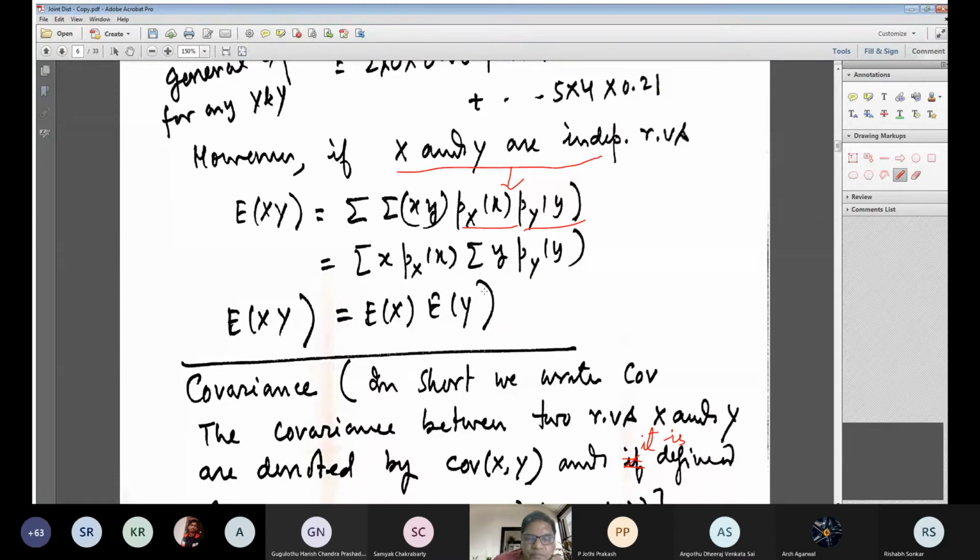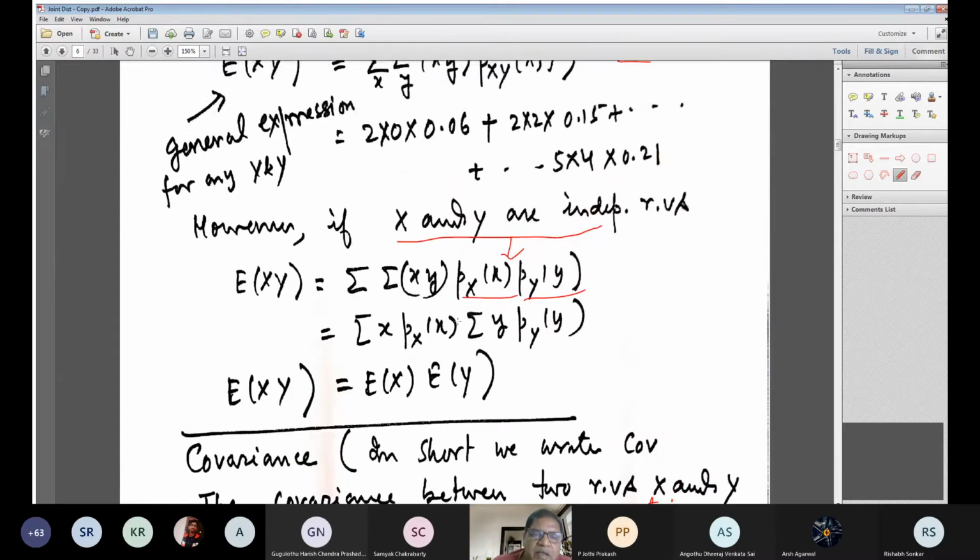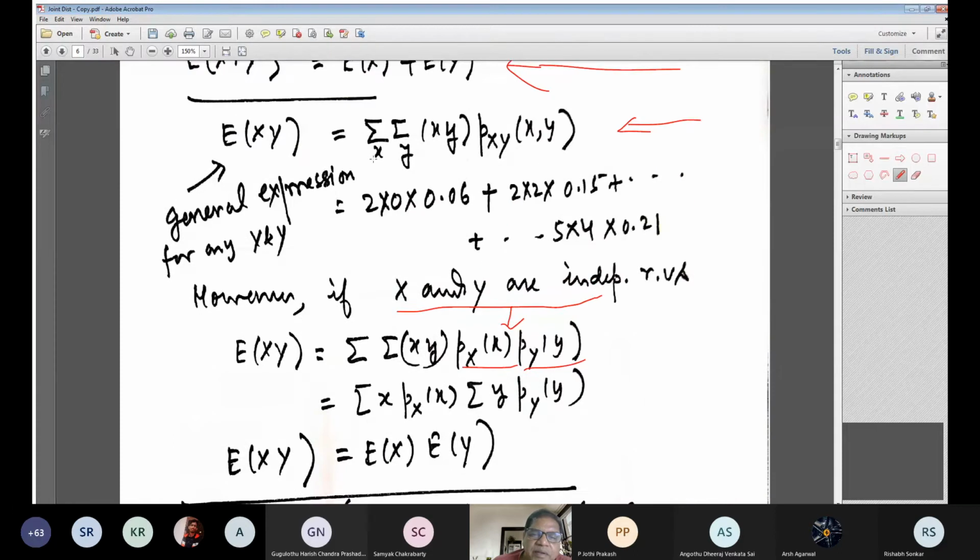So we can use this result to compute the expected value of x into y if x and y are independent, and this is equal to E of x, E of y. We will show you the steps of how to calculate all those things. But in general, if x and y are not independent, then we have to compute E of xy using the general result.